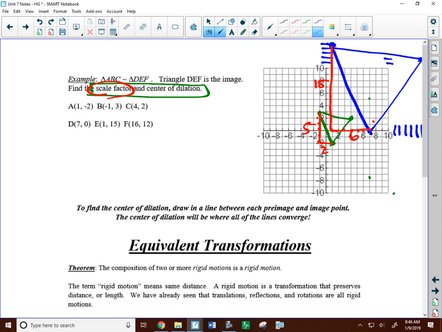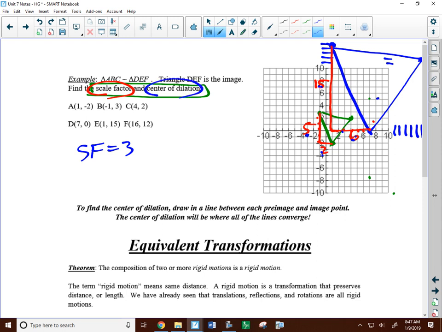So we are going small to big. Small to big. So based on these numbers then, what do you think the scale factor is? 3. 3. We went 3 times as far. Right, 5 times 3 is 15, and 2 times 3 is 6. If it was big to small, it would have been 1/3. Okay, so that answers this.